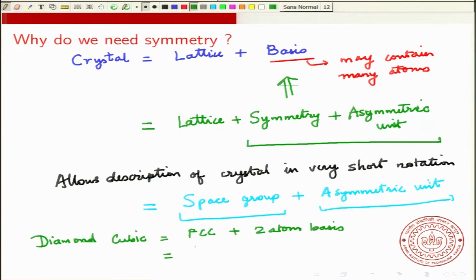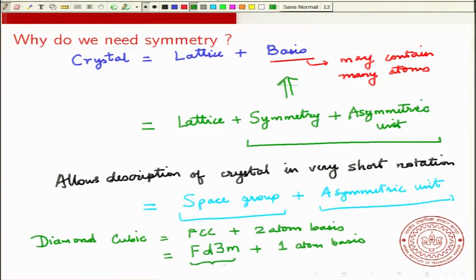I will just write the name, and we will discuss these names a little later. So, Fd3m, this is the space group of diamond plus 1 atom. If you just say the one atom basis with this space group, you will generate entirely the diamond cubic structure of something like a silicon crystal.